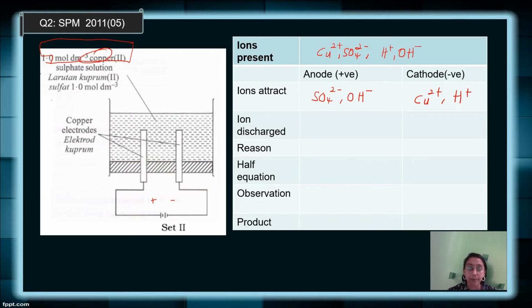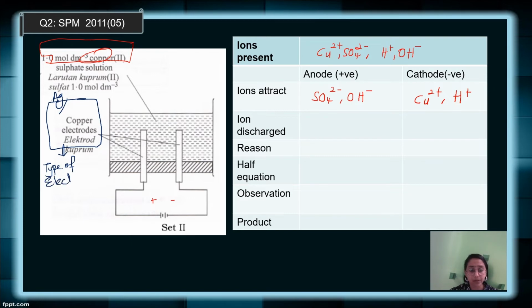Now please consider the factors to be applied here for selective discharge of the ions. Look at the electrode used. The electrode used is copper electrode. Copper electrode is called an active electrode. So remember, copper or silver are considered active electrodes. When we use active electrodes, the factor we have to use is the type of electrode.